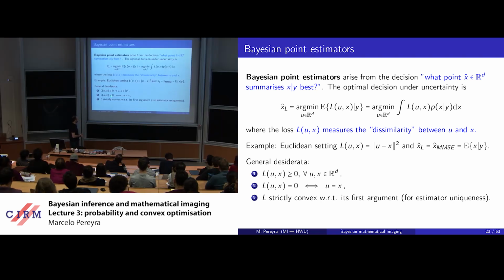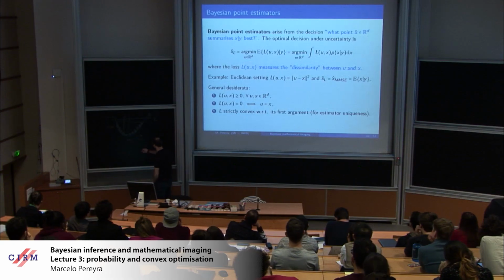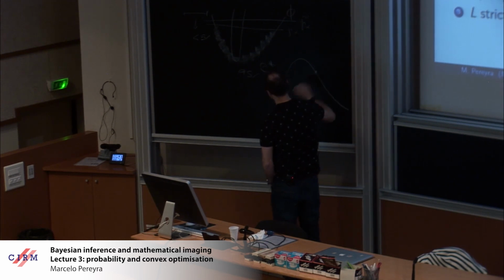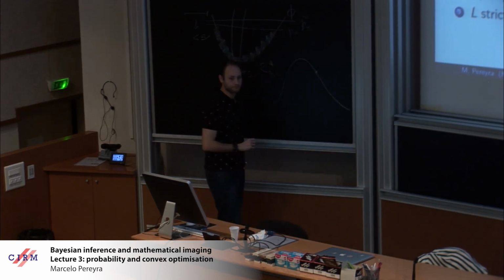So we try to steer away from this. And if my loss function was just the quadratic error loss, then we said that the Bayesian estimator in that case is the minimum mean square error, which is just the mean of my posterior distribution. So if my model is something like this, then the mean falls here. This would be my Bayesian estimator.